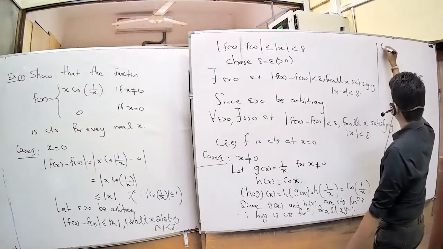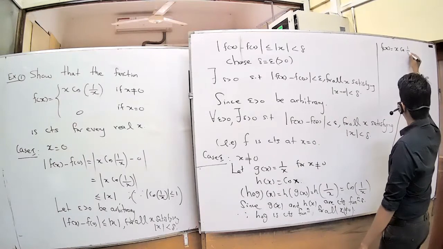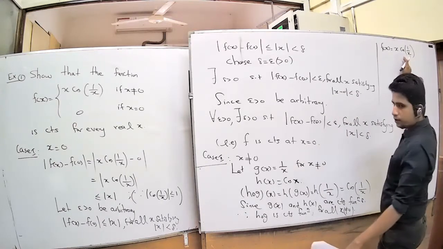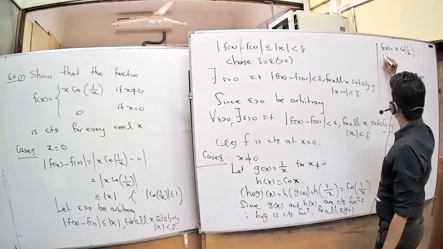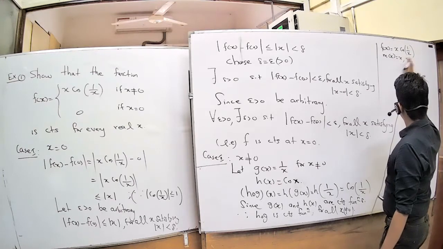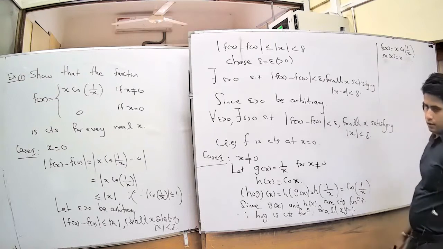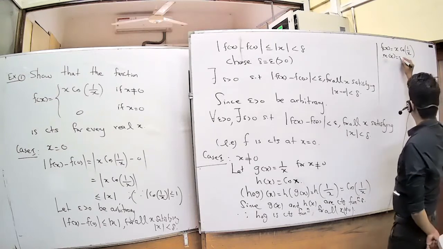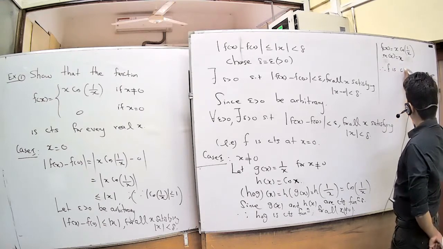Therefore, you take f of x, this x cos 1 over x, as your function. We proved that cos 1 over x is a continuous function. Take another function m of x equal to x. Obviously this x is a continuous function, and cos 1 over x is already proved to be a continuous function.